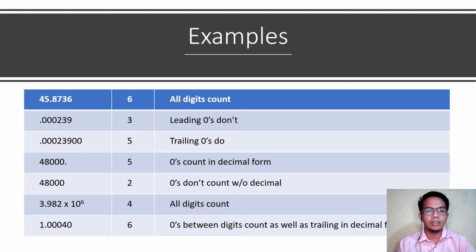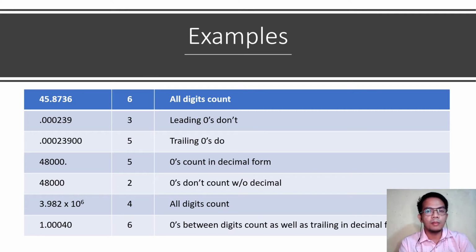So here are other examples. For example number 1, 45.8736, there are six significant figures because all digits count. Then in example number 2, there are 3. Example number 3, there are 5. Then in example number 4, there are 5 because of the presence of the decimal point at the end of the number.